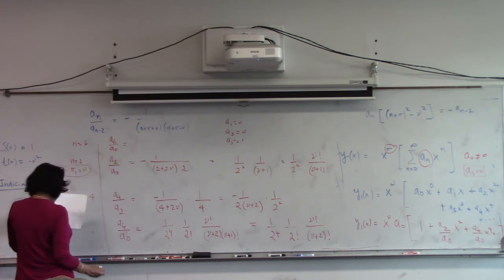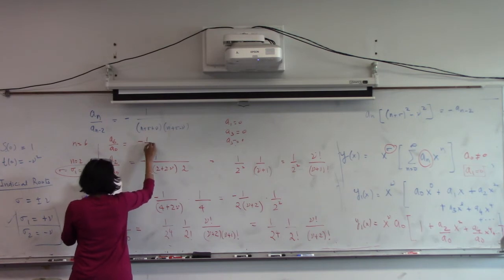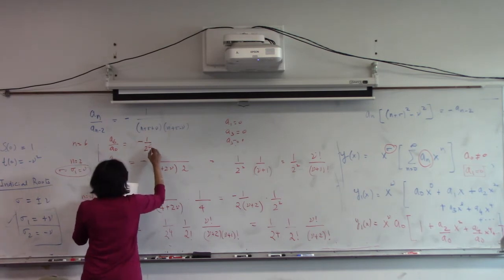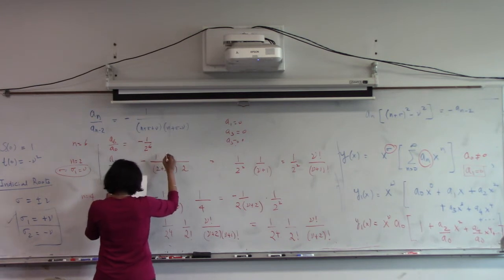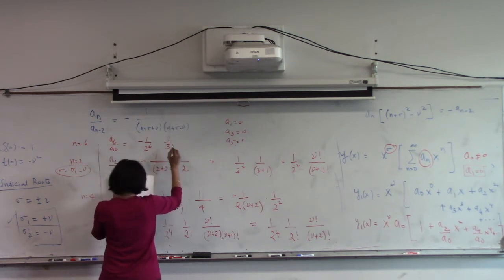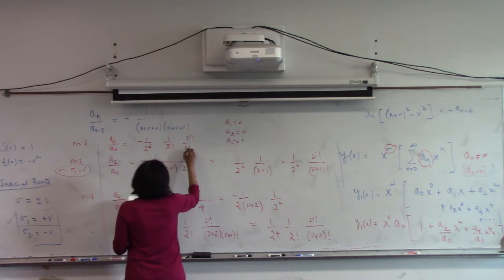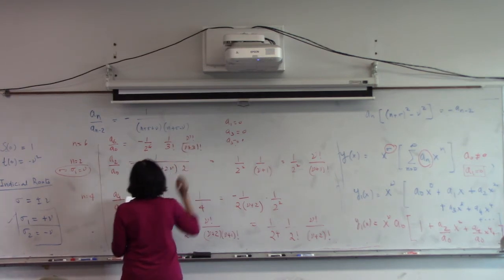So that is the following number, 1 over 2 to the power 6, 1 over 3 factorial, nu factorial, nu plus 3 factorial. So the pattern is not yet emerging.